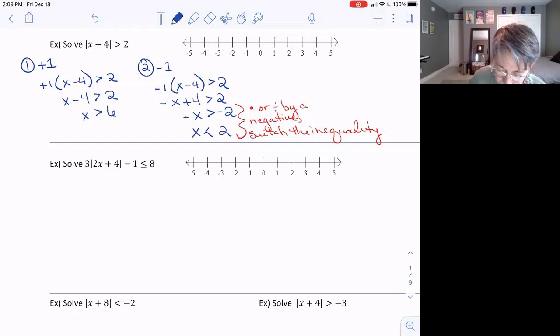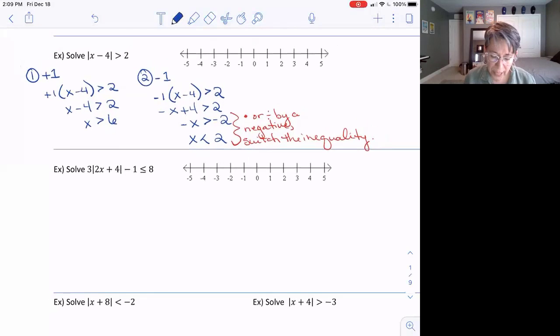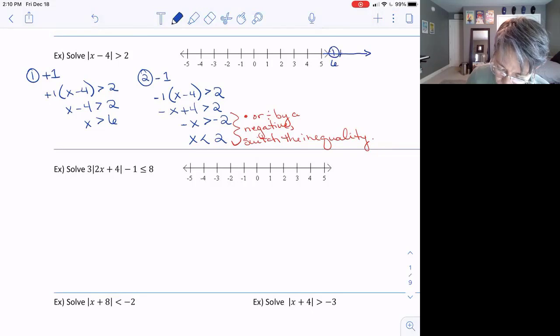So if we're looking at it in terms of the number line, we know that we need our x larger than 6. Let's see, 6, we're going to have to extend this a little bit. So we need our x larger than 6 and an x smaller than 2, all the way out here.